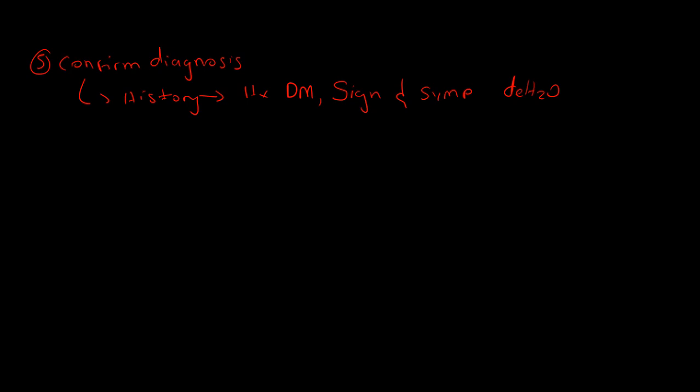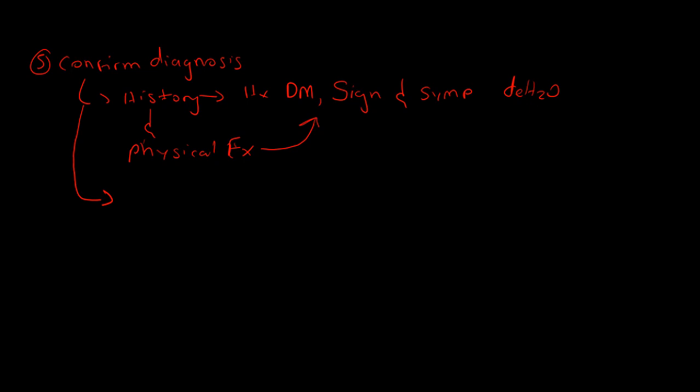So you want to look out for this in your history and, of course, your physical examination. Your history and physical examination are going to be picking out these signs of dehydration. That is pretty much going to be your clinical assessment of this patient.